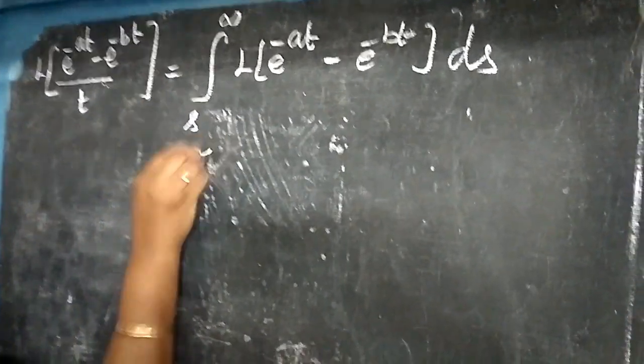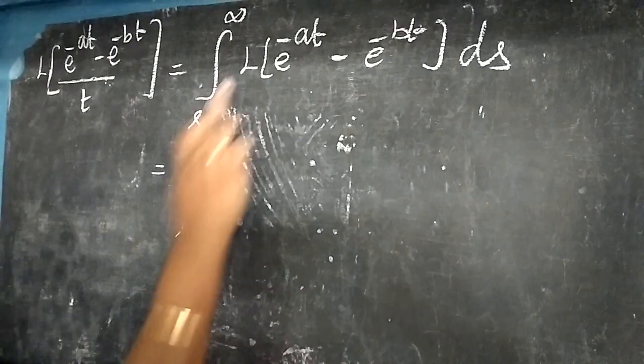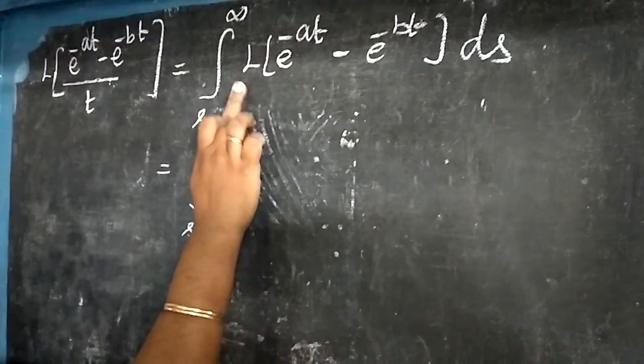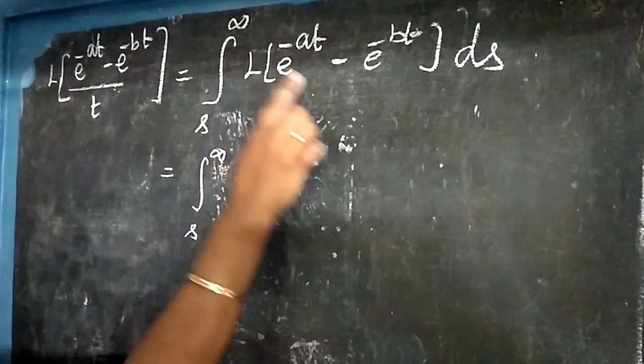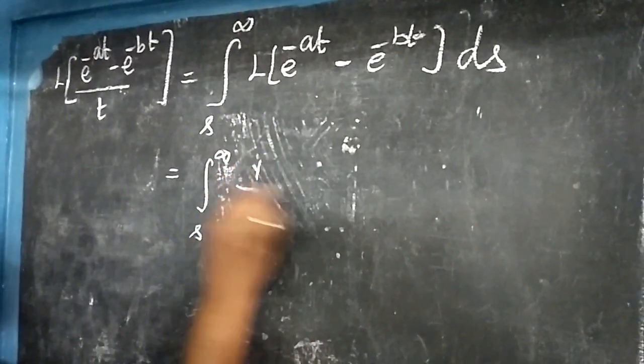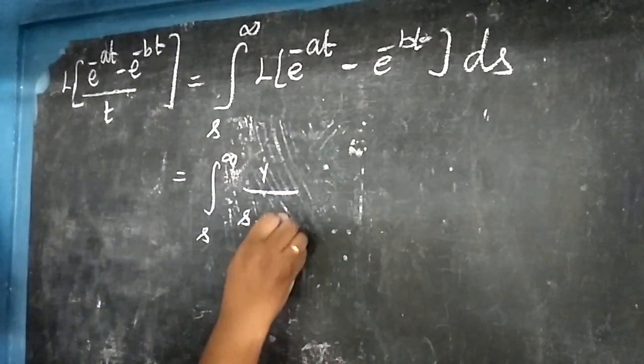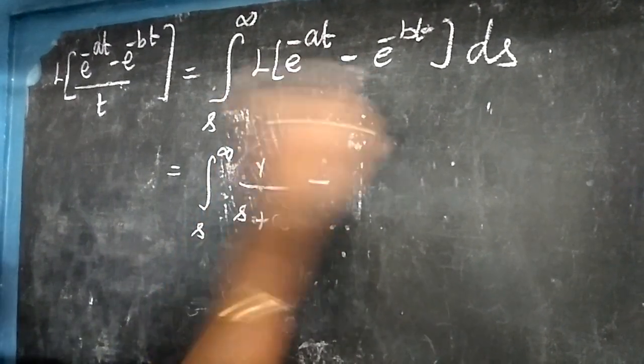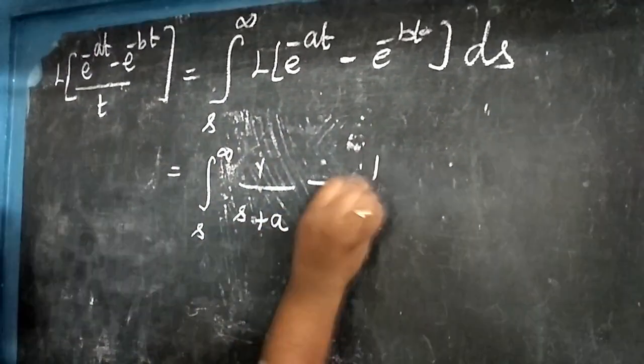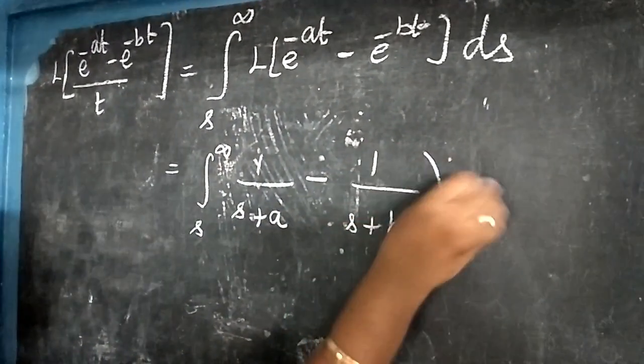It is equal to integral s to infinity. Laplace transform operator is a linear operator. So Laplace transformation of e power minus at is given by 1 by s plus a, minus the Laplace transform of e power minus bt, which is 1 by s plus b.